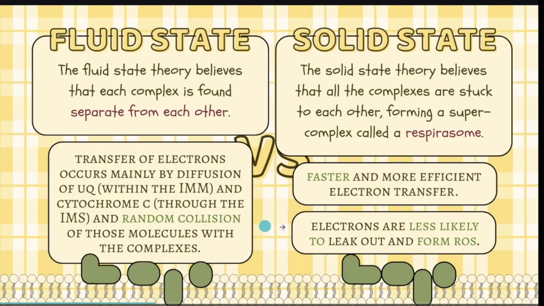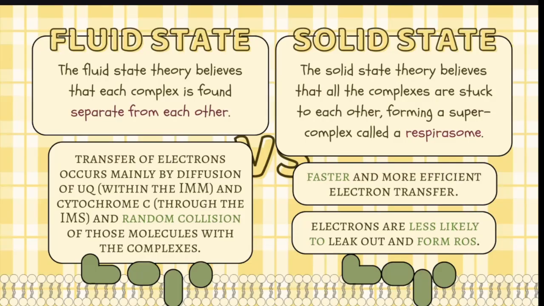Now, what are the differences between each theory? When all the complexes are stuck together, the electrons are going to be traveling less distance to travel from one complex to another.